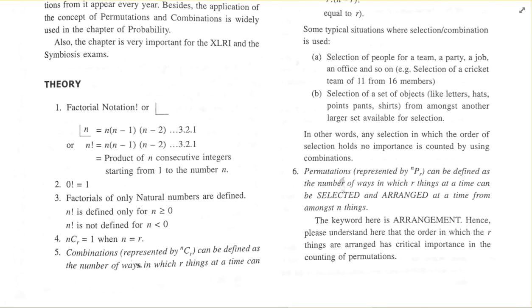Factorial notation. Zero factorial is 1. How? I promised you in the previous video that I will tell you how 0 factorial is equal to 1. Tell me one thing: in how many ways can we arrange nothing? There's one way to not do anything.